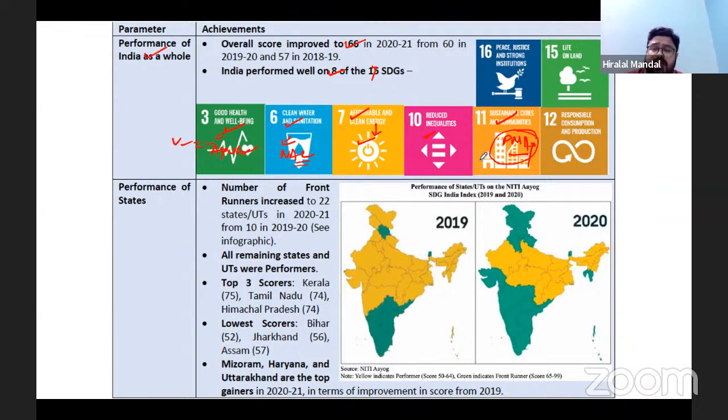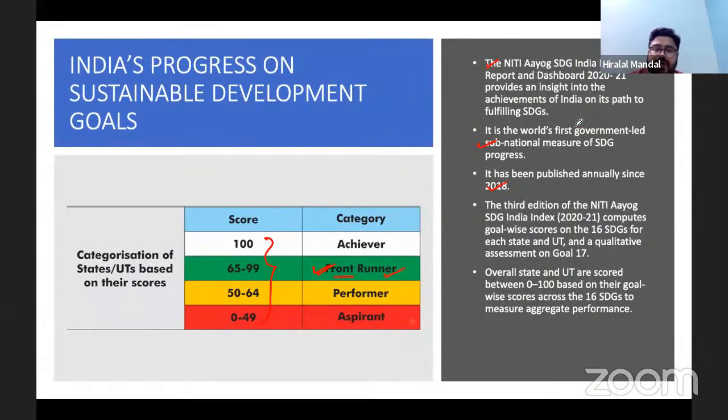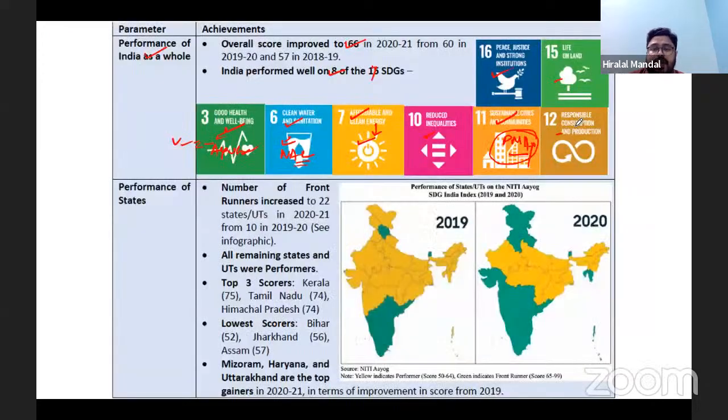In fact, these are among some of the schemes which are performing really well at the ground level, right? Similarly, peace, justice, and strong institutions, and responsible consumption and production. If you look at these, India's performance is well on track, and in fact, it has already entered a different category, known as the front runner category, according to the Sustainable Development Goal India Index.